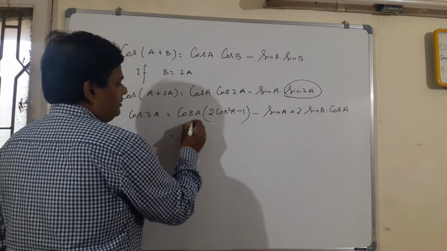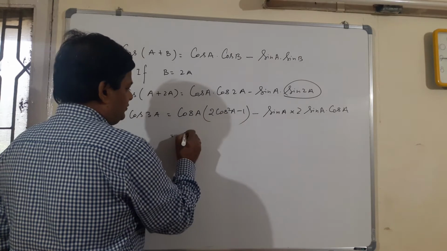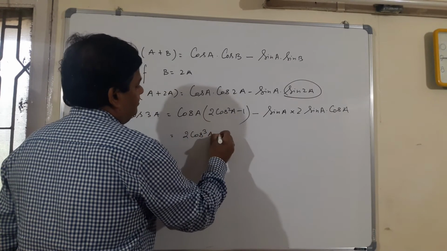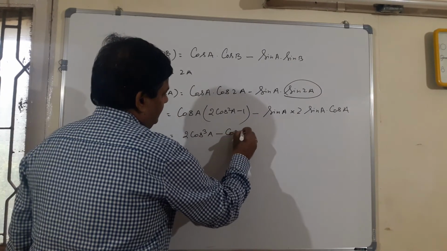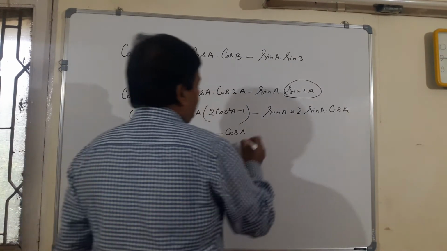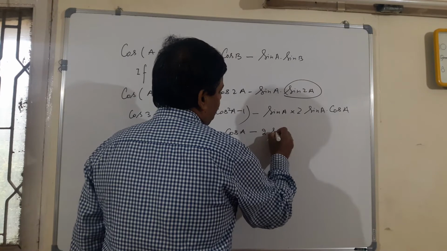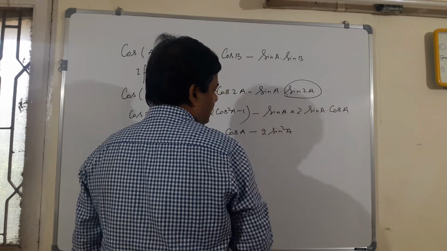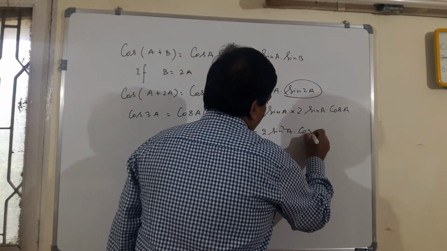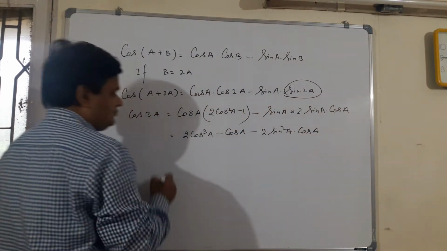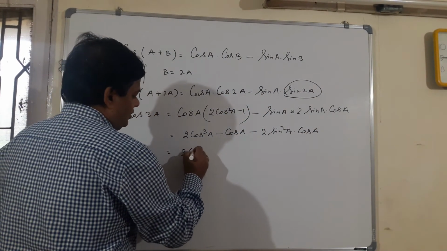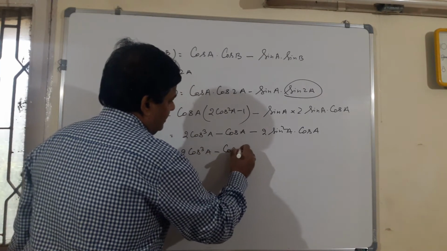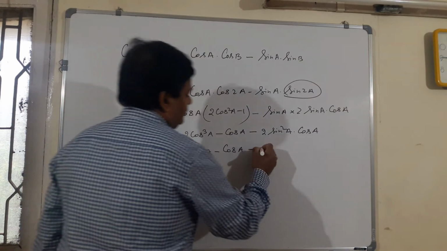So cos a into 2 cos square a minus 1 gives 2 cos cube a minus cos a, minus 2 sin a into sin a, that is sin square a, into cos a.